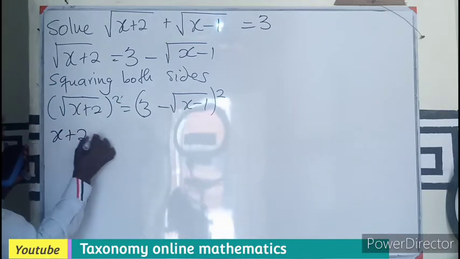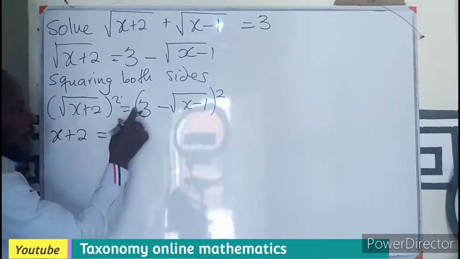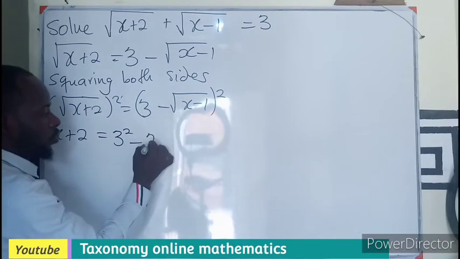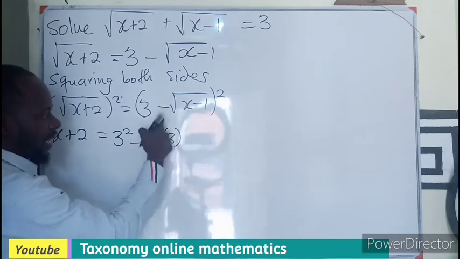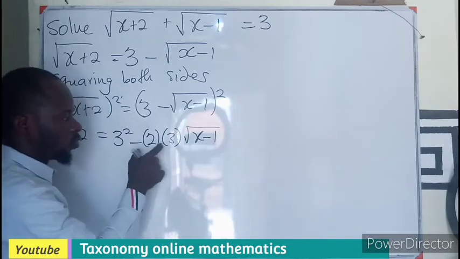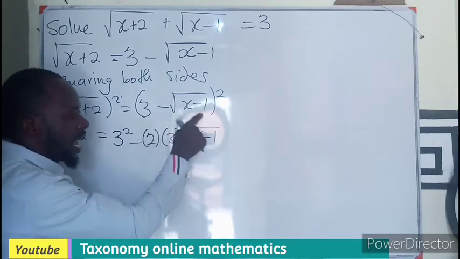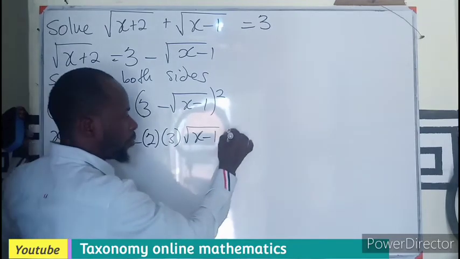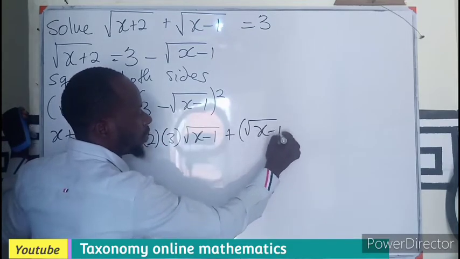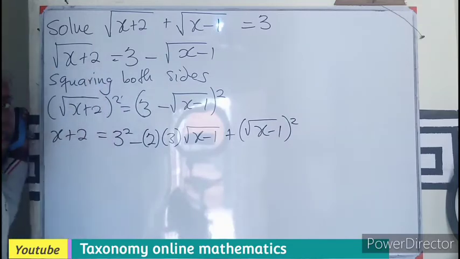So from this expression, we can say this will cancel this. So x plus 2 equals to square the 3 minus twice their product. So 2 multiplying 3 and root x minus 1. This is twice the product of 3 and the root. Then plus square the last, going to be the root of x minus 1 all squared.